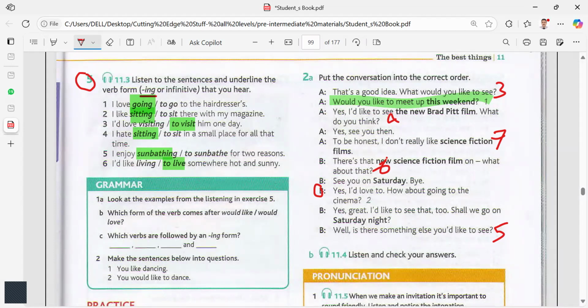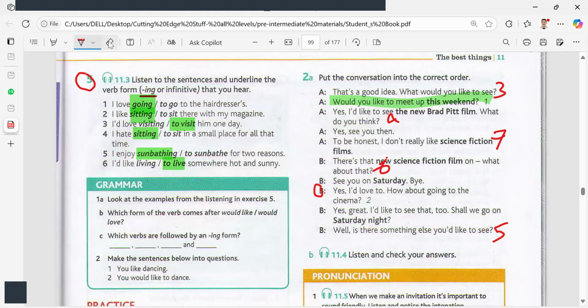Yes, great. I'd like to see that too. Shall we go on Saturday? Yes, see you then. See you on Saturday. Bye. Okay. Now let's listen. I feel that we are mistaken, Jude, so let's listen and check, please.